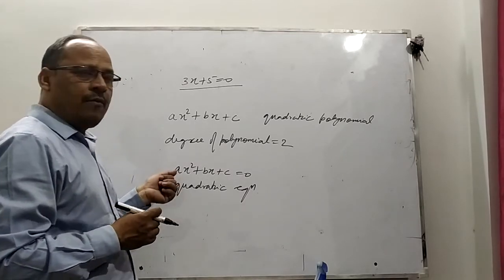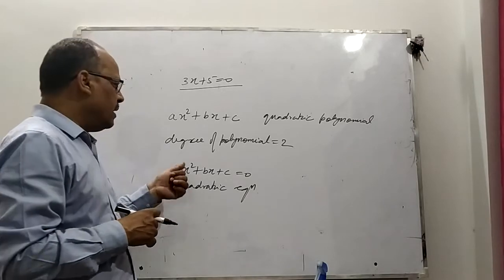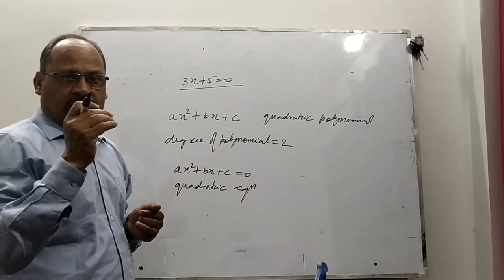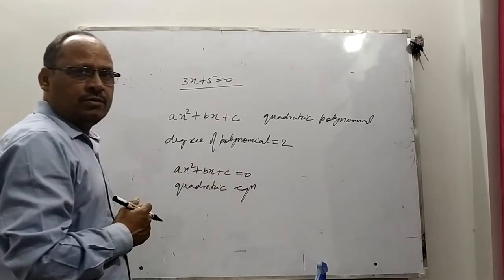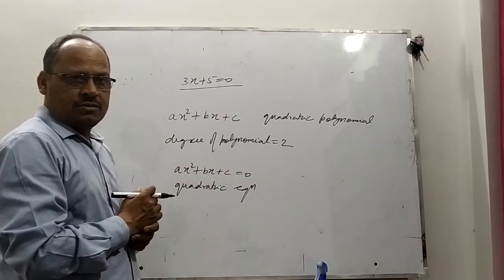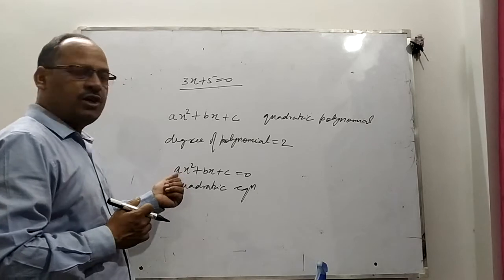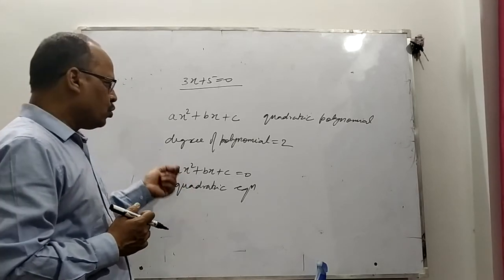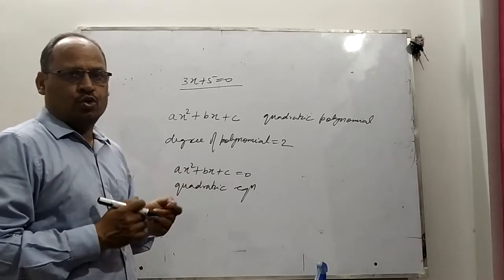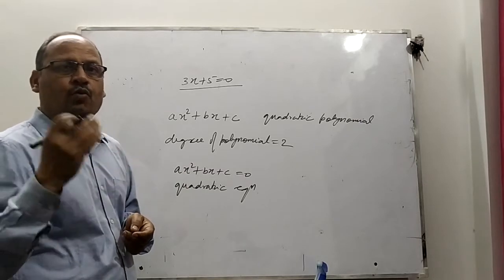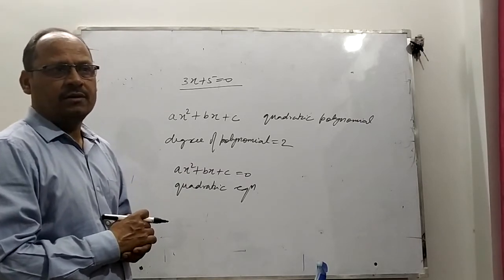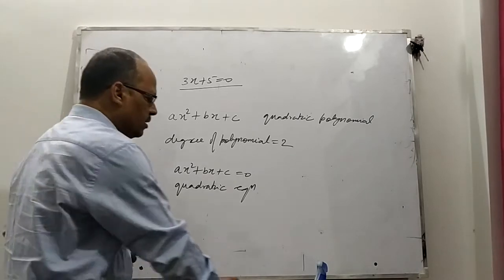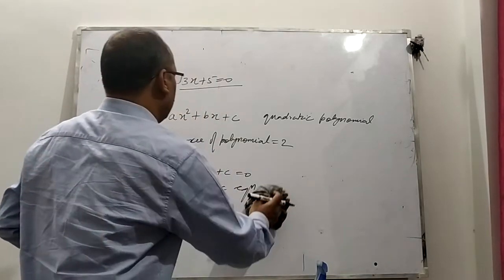So the value of x depends on the degree of that equation. So this is the quadratic equation. The degree of this quadratic equation is 2, so it has 2 roots. 2 roots means 2 values of x. I suppose it is clear? Yes. Now you see the question.